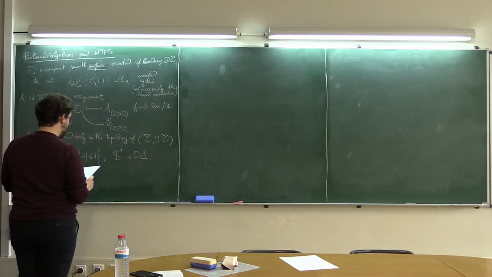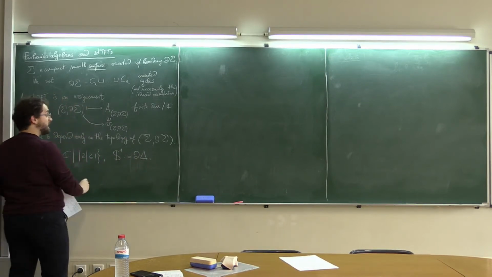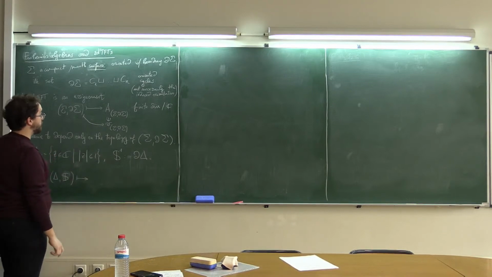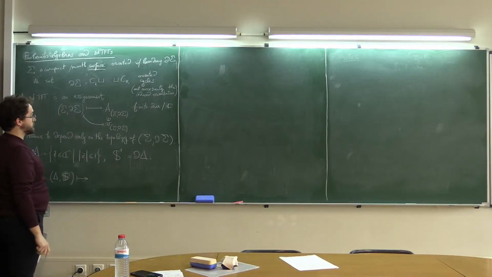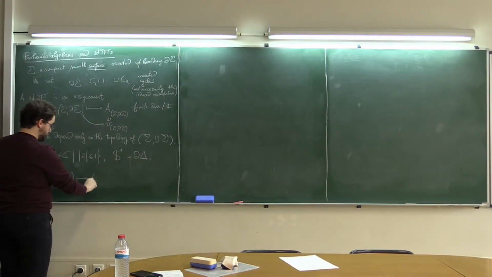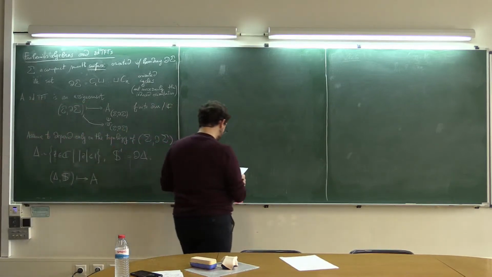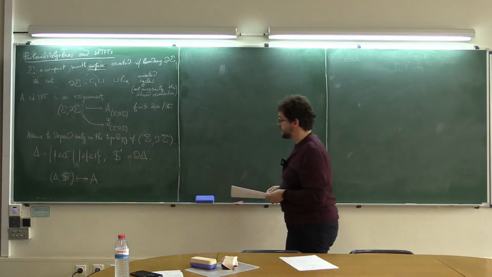In particular, to the pair delta and its boundary, we will have an attached finite dimensional vector space, and I will denote by A this vector space.